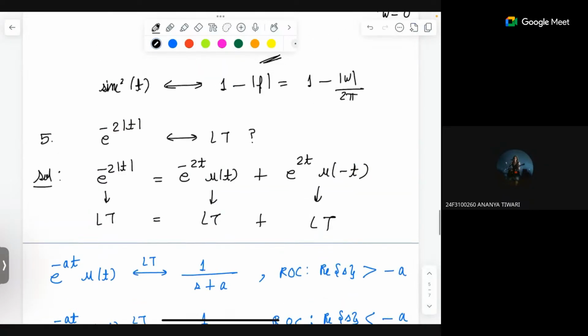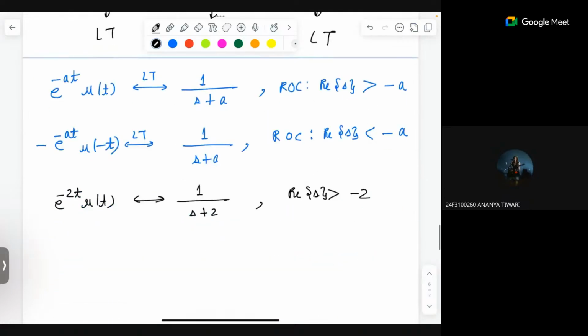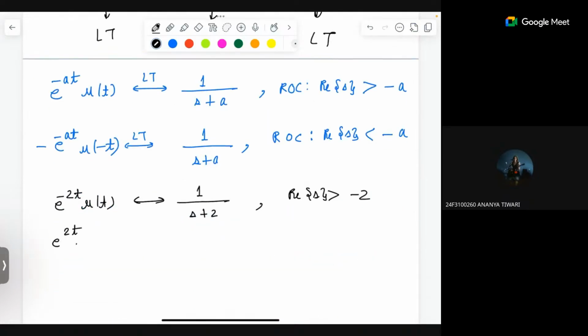The second term is e raised to the power of 2t u of minus t. This with a minus sign has the same Laplace transform. So if we do not have a minus sign here, we are going to have it in the Laplace transform only. So this Laplace transform would be minus 1 upon s minus 2.